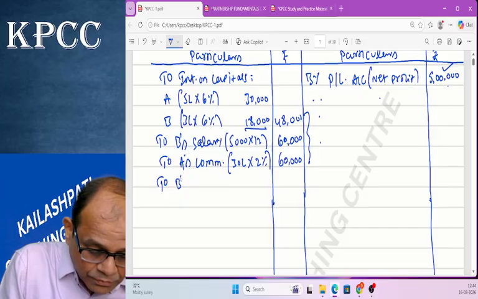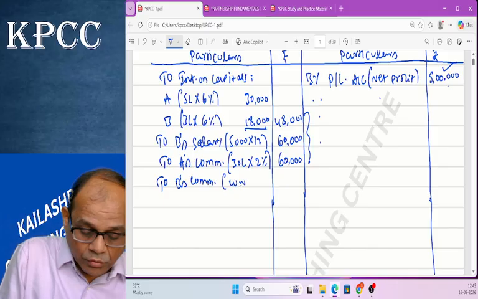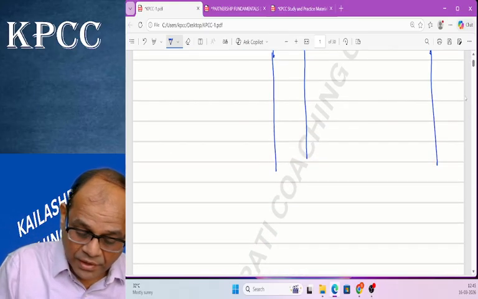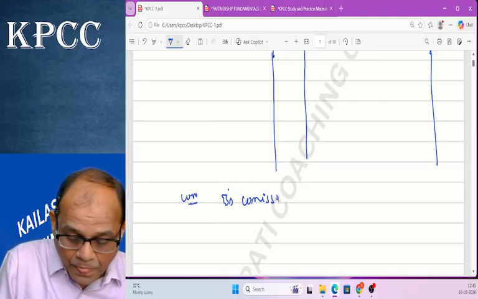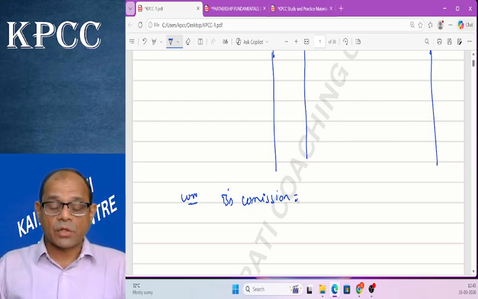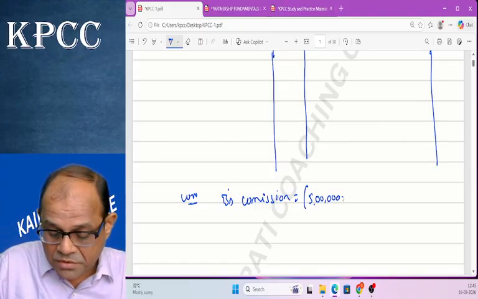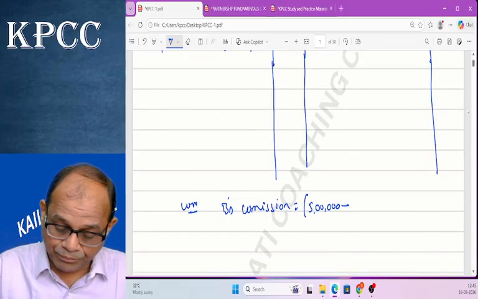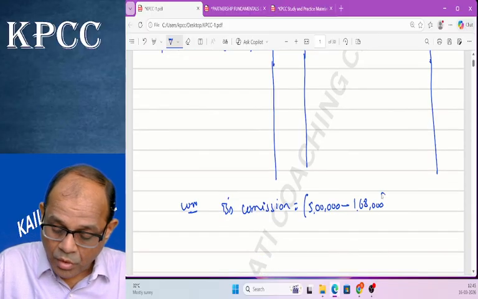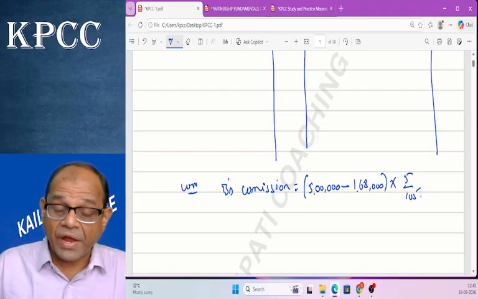To B's commission, working note. Okay, leave around 4-5 lines of space. Working note. B's commission is equal to 5 lakhs minus 1 lakh 68,000, bracket close, into 5 by 105. 5 is the rate of commission. 100 plus 5.